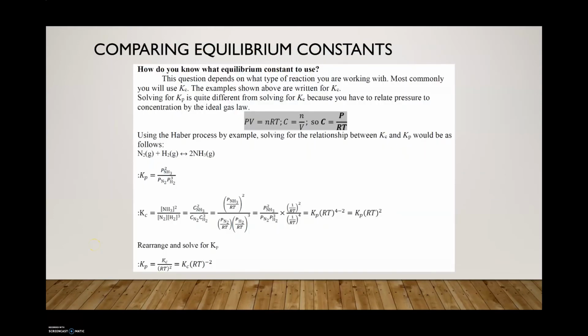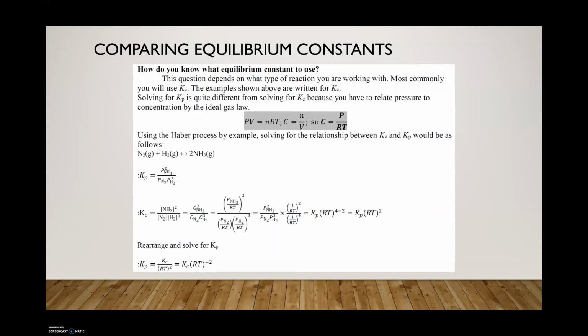When comparing equilibrium constants, we were talking about K sub C and K sub P earlier. We have to understand where K sub P is coming from, and we need to form a relationship so that we're able to make that comparison between the two.